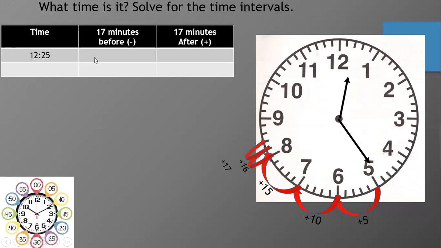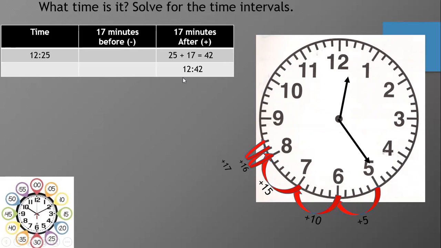We can also see if we can add in this instance. So 25 plus 17 gives us 42, like we said. So our new time is 12:42.